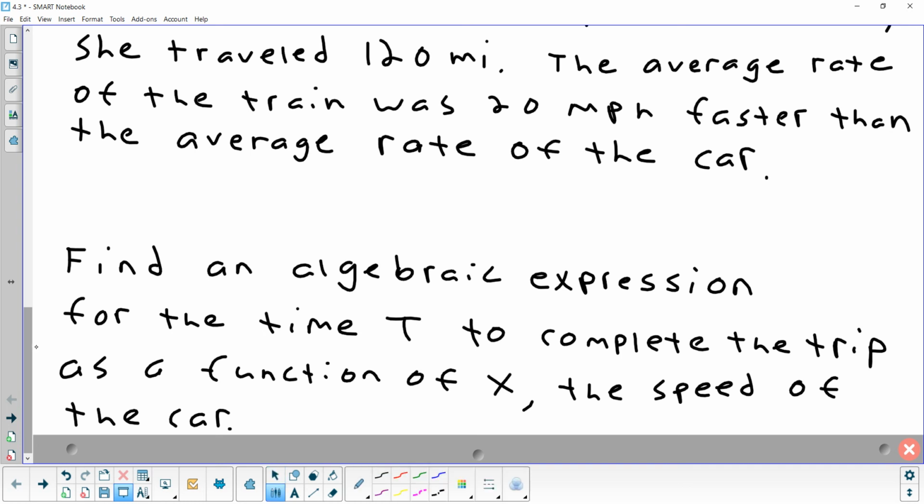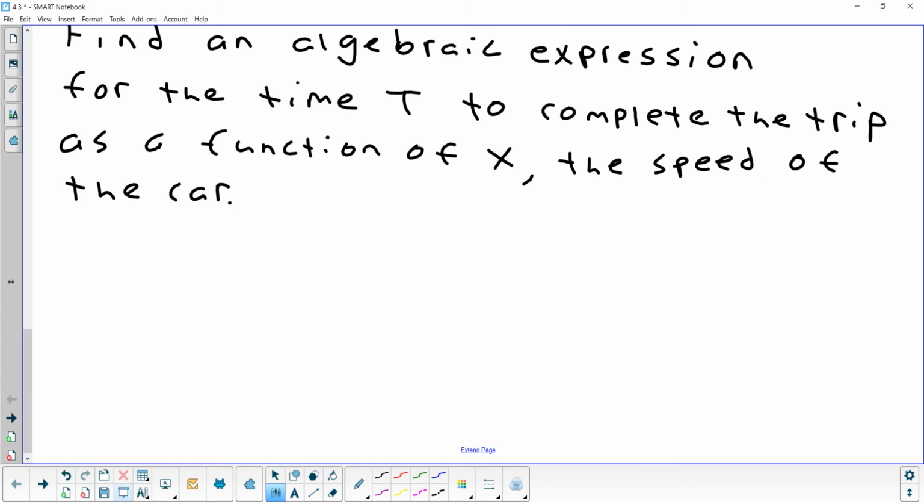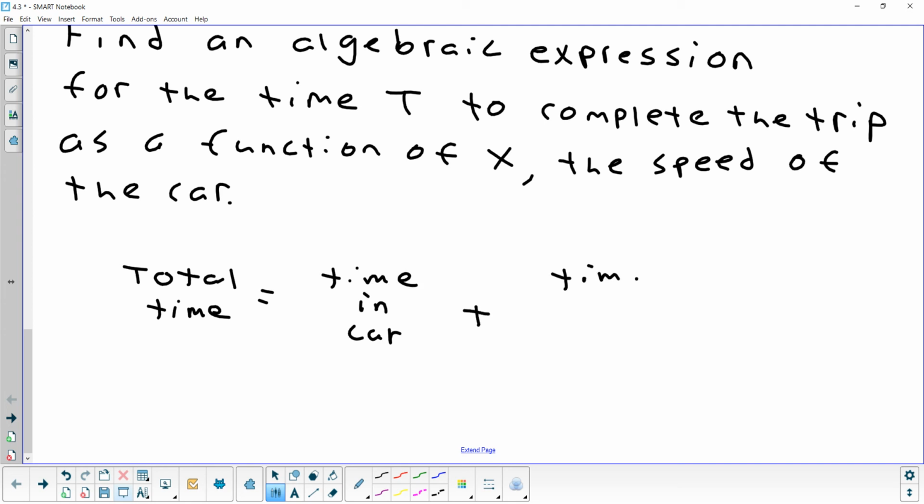And if you wanted to find the total time it's going to take for the whole trip, how would you do that taking into account the time spent in each mode of transportation? Yeah, John? So the time in the car and then the time in the train and then together. All right, so let's just set up that big picture idea. So the total time is going to equal time in the car plus time on the train.